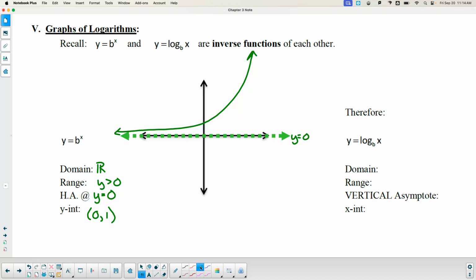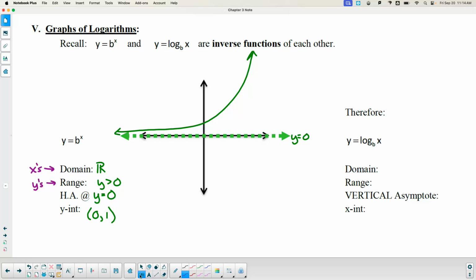The inverse function then would be, so now my domain, that was my x's, right? My range was my y's. So that means those are going to switch, correct?